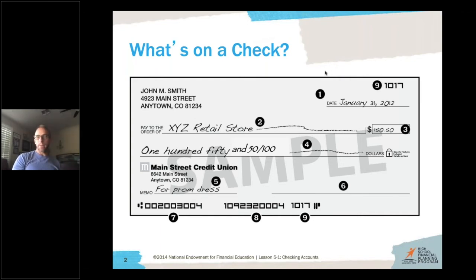A lot of times they'd want to see her driver's license to verify that her name matched the name on the check. It's not as common anymore, but it's still something that you should learn how to do. There could be bigger purchases where you need to write a check, or tax payments or things like that.